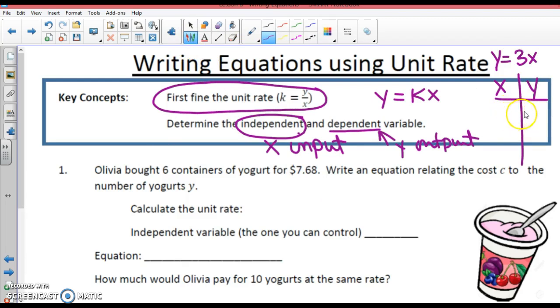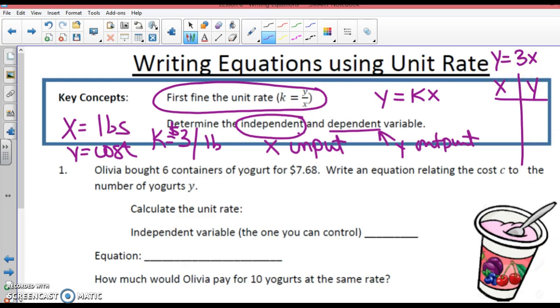And then I say, and this is x is pounds, and y is cost. So our k is $3 per pound. Okay? Cost per pound.